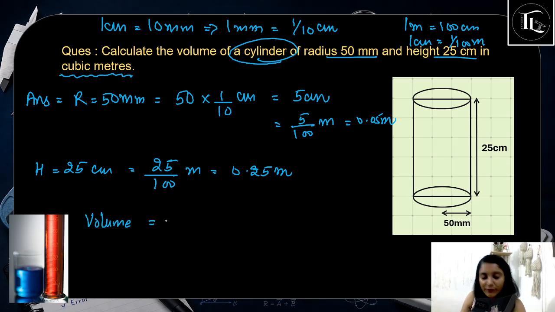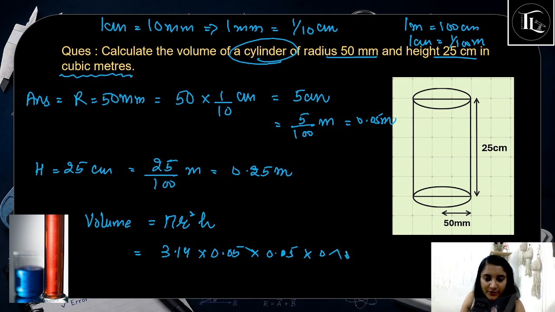And what is the volume? The formula is pi r square h. So pi 3.14, 0.05, 0.05 and height is 0.25.